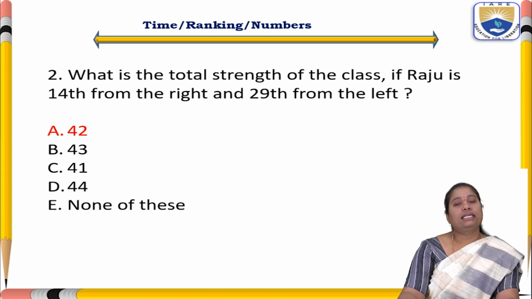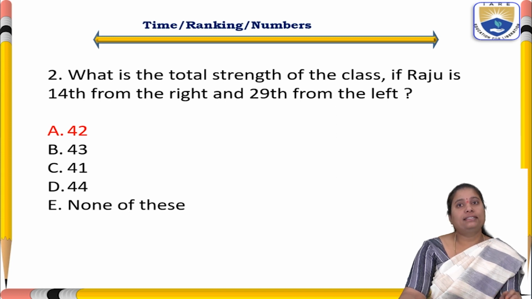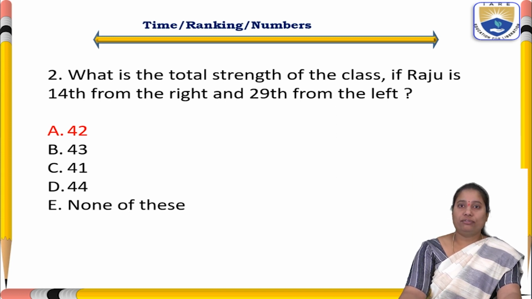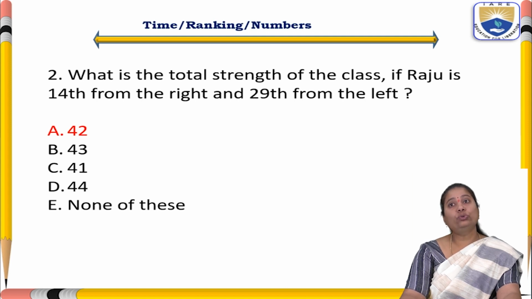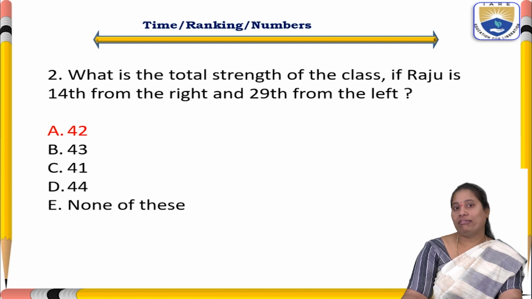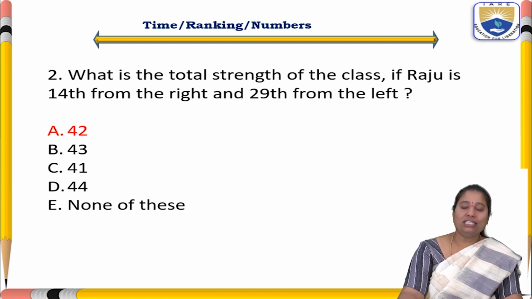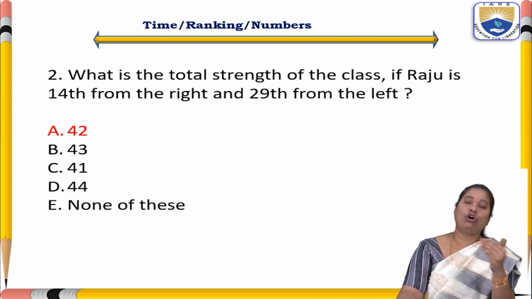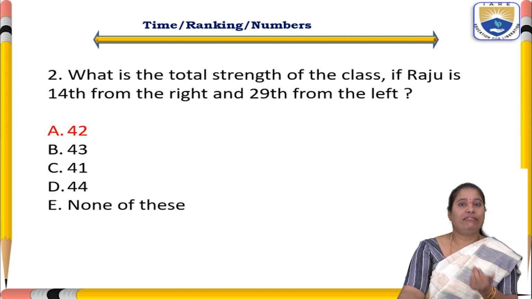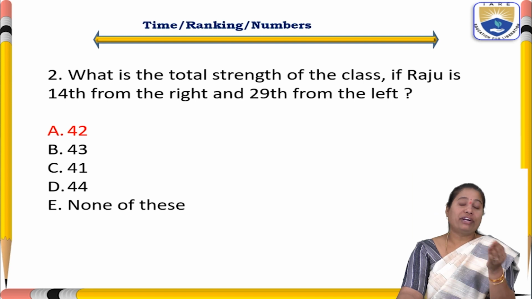Let us solve the next kind of problem, that is, what is the total strength of the class if Raju is 14th from the right and 29th from the left? This is similar to the previous one, just to help you understand that top and bottom mean the same as left and right, as well as front and back.